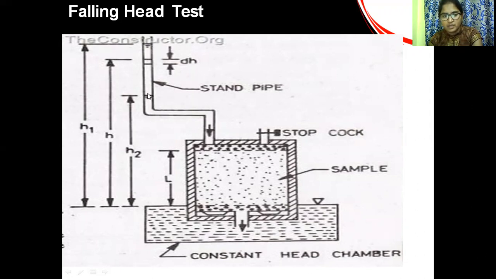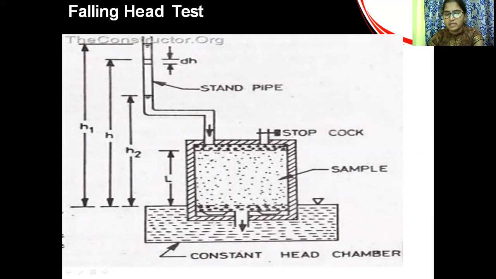Here the pipes are arranged so that we can determine dh, which is H1 minus H2. One level will be maintained, that means the scale will be 100. So we can measure how much time is required for a 10 centimeter drop by using this standpipe.